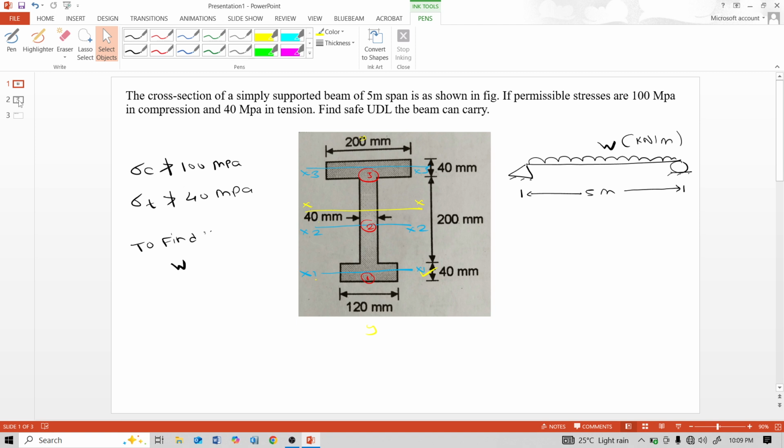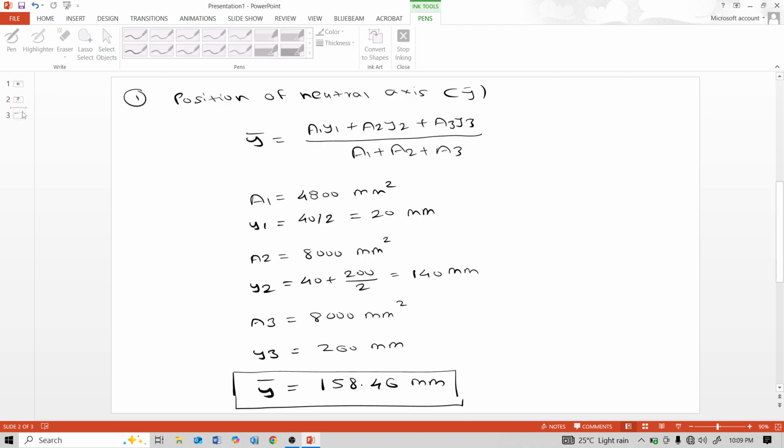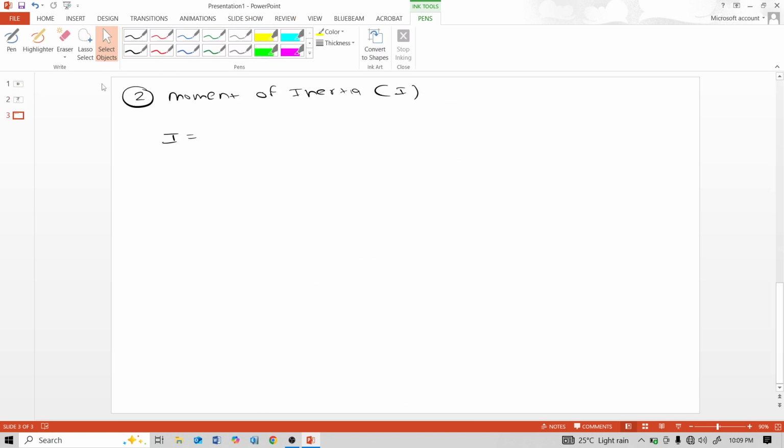So first find the moment of inertia for the x1 axis plus the x2 axis plus the top flange x3 axis.